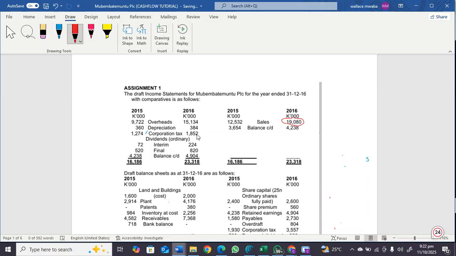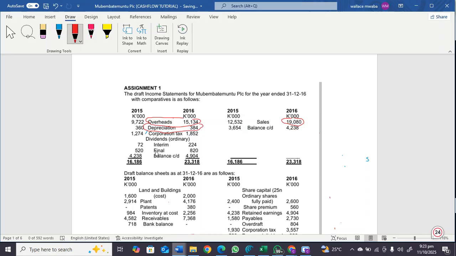All expenses you can include except interest and tax. So here the operational expenses we have are the overheads and depreciation. The tax, even these dividends, do not include when calculating operating profit. Do not deduct them.